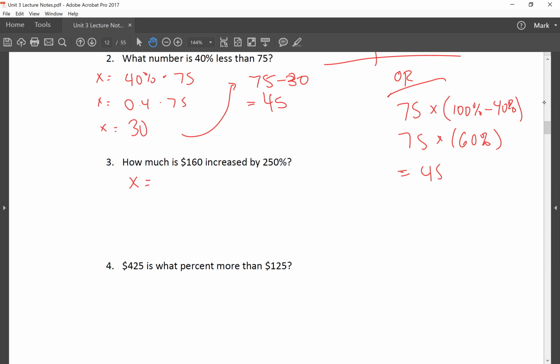So I'm going to take the 160 and I'm going to multiply it by 2.5, which is 250%. And this means it's 400. So what this means is I'm increasing the price by 400.